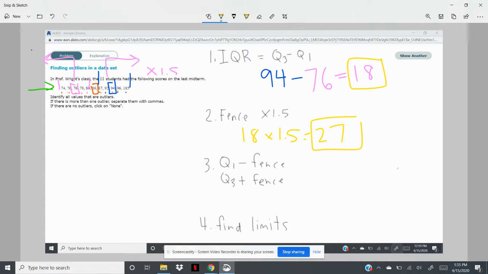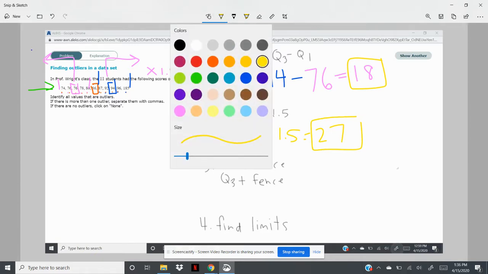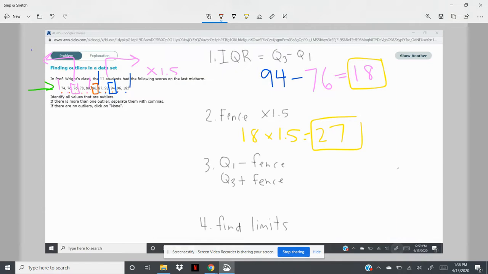Now I'm going to take my fence and plug it into each one of my quartiles to figure out my limits. Quartile 1 is the number 76. So I'm going to do 76 minus my fence number, which is 27, equals 49.